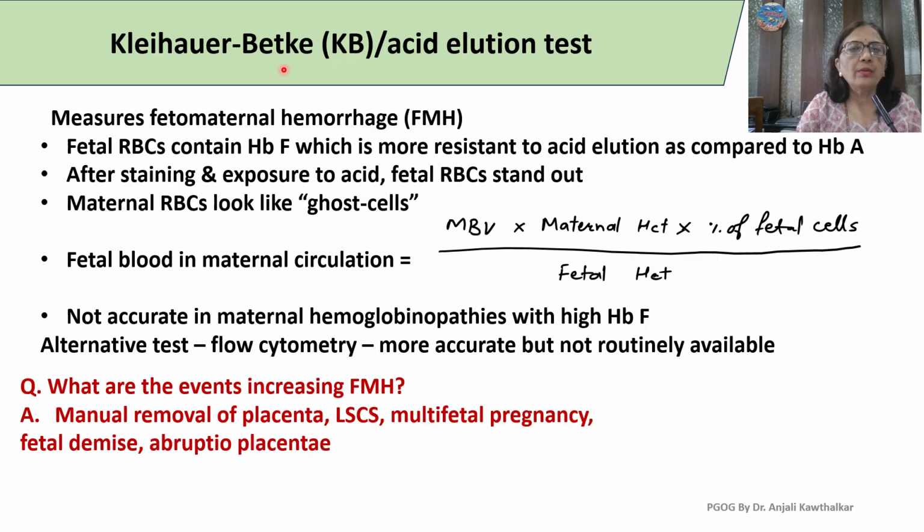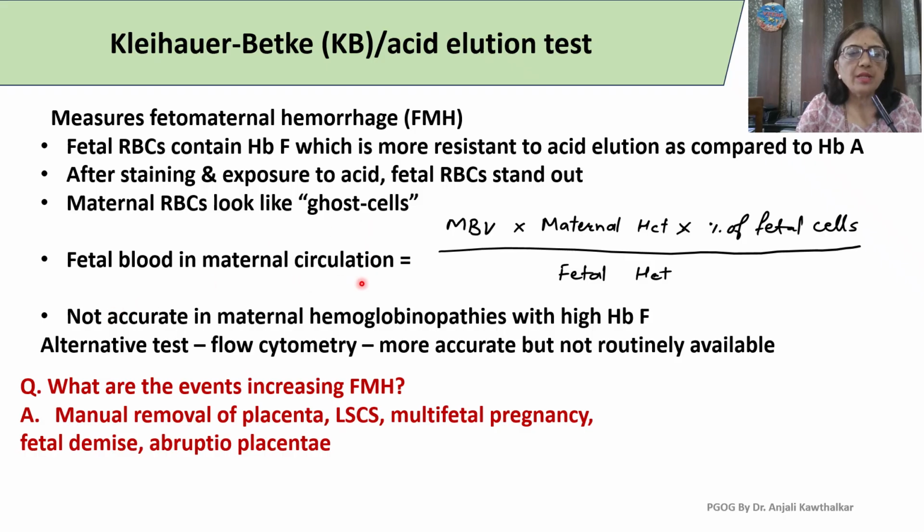Something about this Kleihauer-Betke or KB test, or acid elution test. It measures fetal-maternal hemorrhage. Fetal RBCs contain hemoglobin F, which is more resistant to acid elution as compared to hemoglobin A. After staining and exposure to acid, fetal RBCs stand out. Maternal RBCs look like ghost cells.